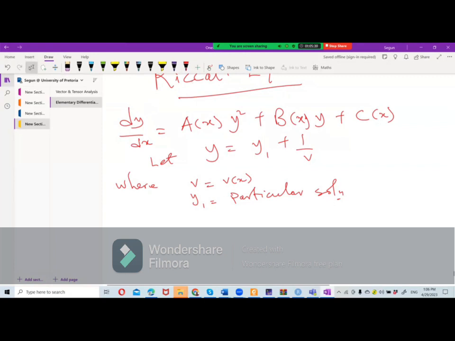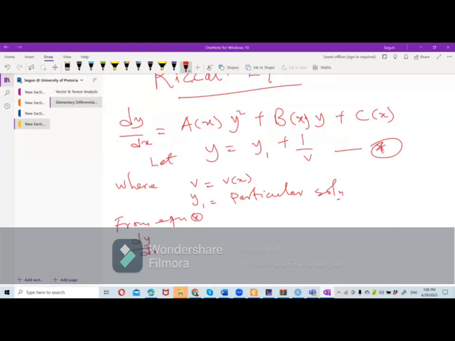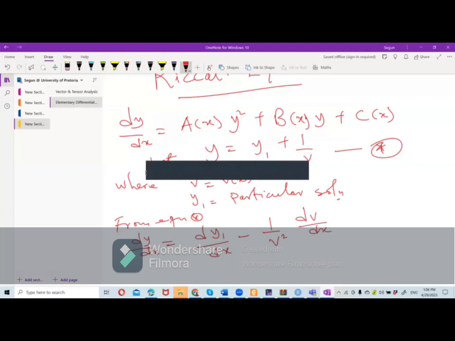Let's differentiate y. We are talking about this equation now, equation star. From equation star, dy/dx equals dy1/dx minus 1 all over v squared times dv/dx.